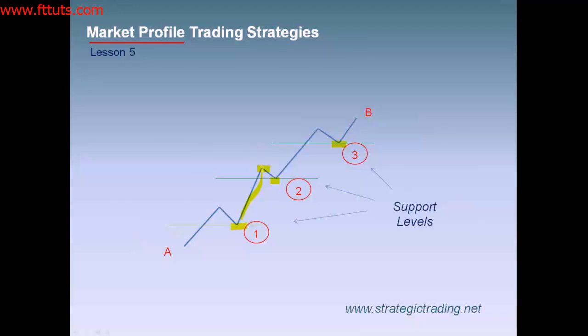So all of a sudden, the market started to drop, and we began a down auction. But the down auction did not last very long. As soon as it found buyers, it took prices higher again. So a support level is really a level where buying is going to overcome the selling pressure that exists in the market.